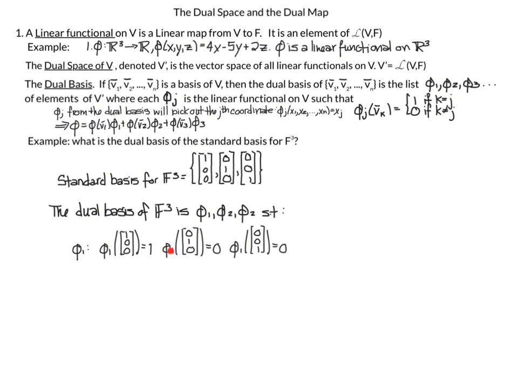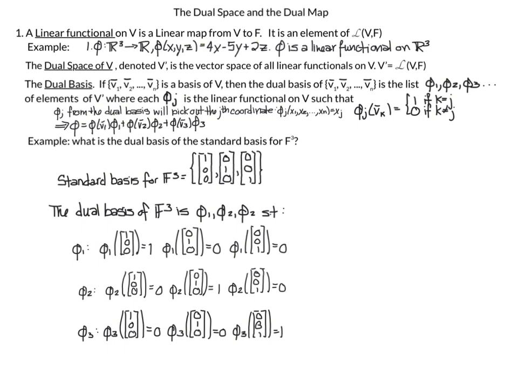But when we operate phi1 on our second basis vector, since this index is 1 and this index is 2, that'll be equal to 0. Similarly for this, since phi1's index is 1, and this is the third basis vector, the indices don't match, so it'll be equal to 0. And I have phi2 and phi3, and again, we're using this definition here.